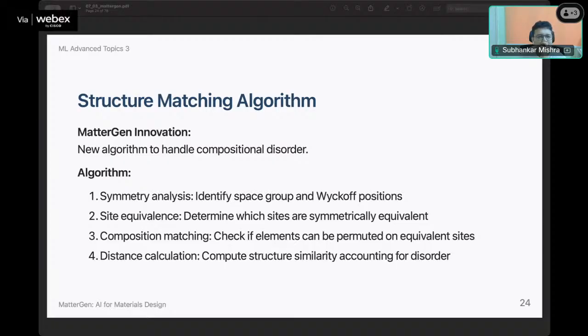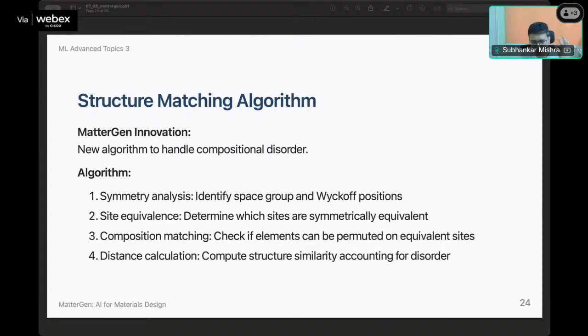Now, what did MatterGen introduce to handle this compositional disorder? It introduced a bunch of things, but the algorithm goes like this. Basically, it introduced a structure matching algorithm.